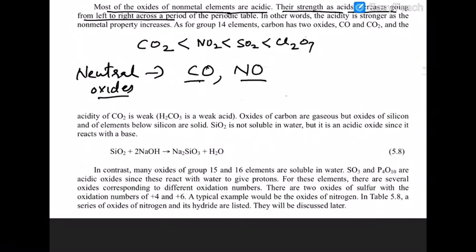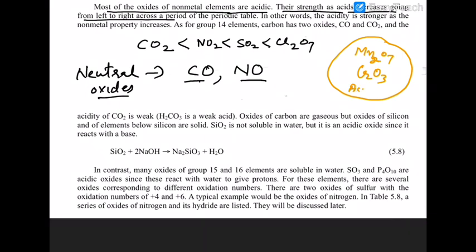That is very, very important. All metal oxides are basic in nature. But there are two exceptional oxides: Mn2O7 and CrO3. These are metallic oxides but acidic in nature.